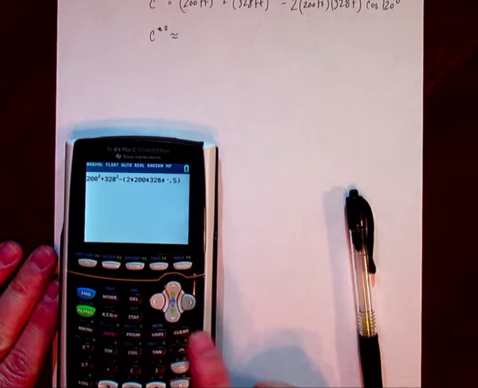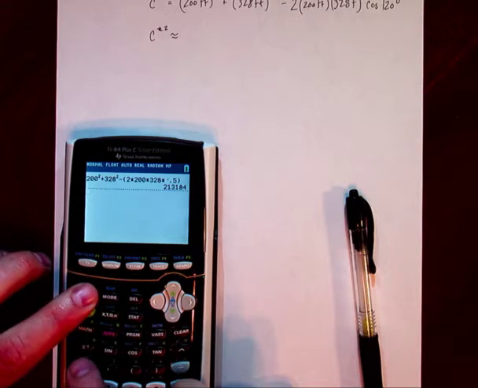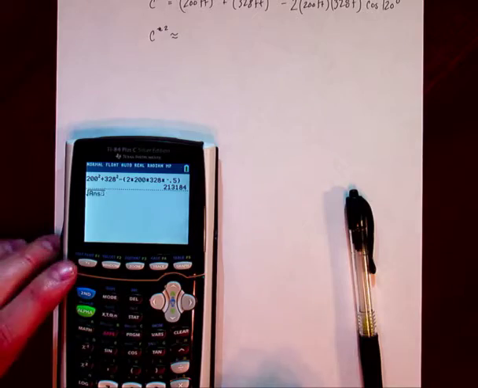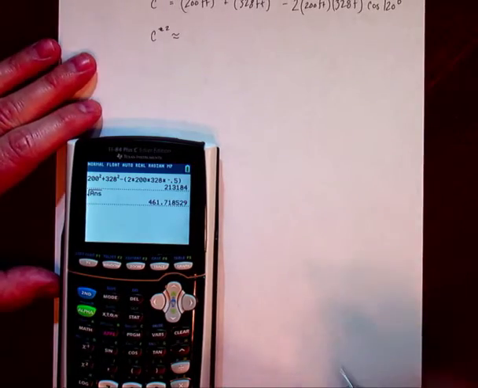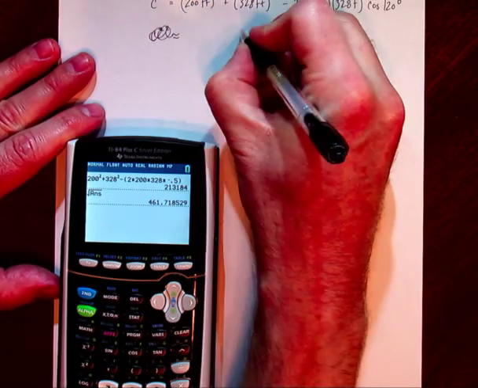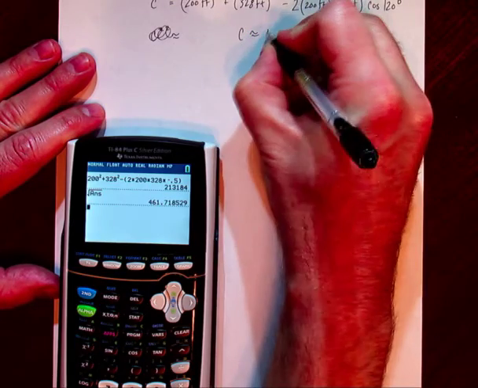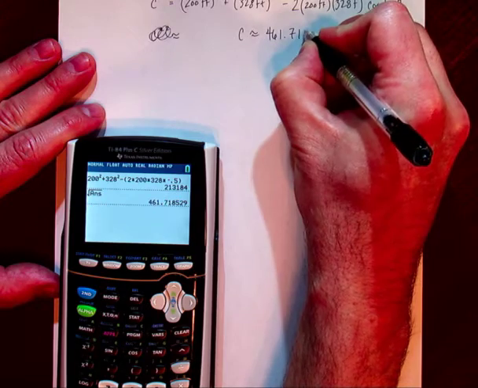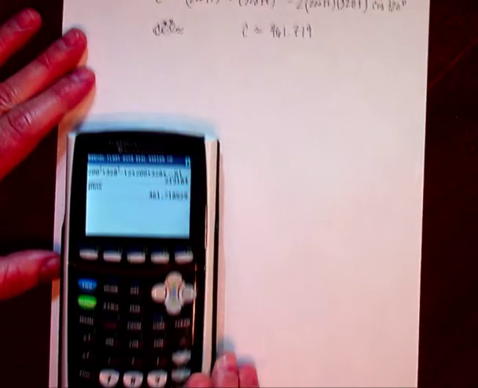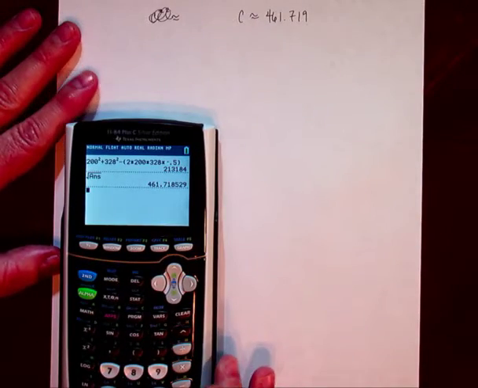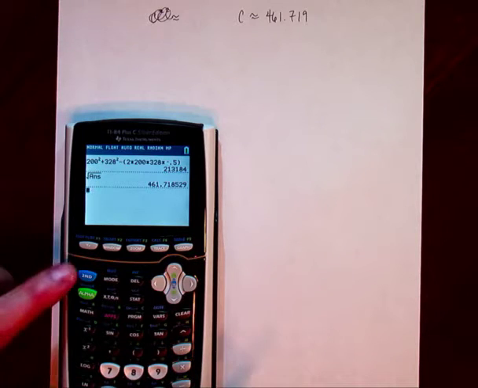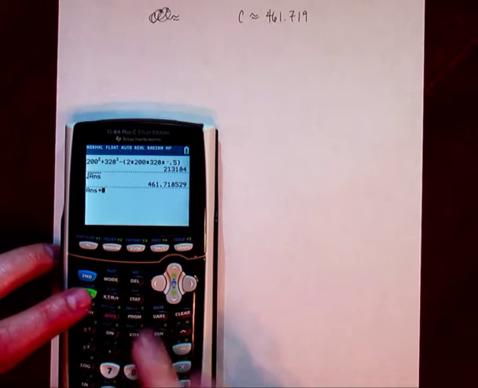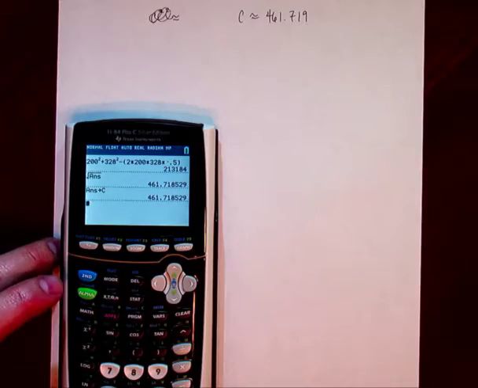Then we take the square root of that answer, and we're left with C approximately 461.719. But remember, since I don't want to approximate in the midst of a problem, I'm going to store that in for C.